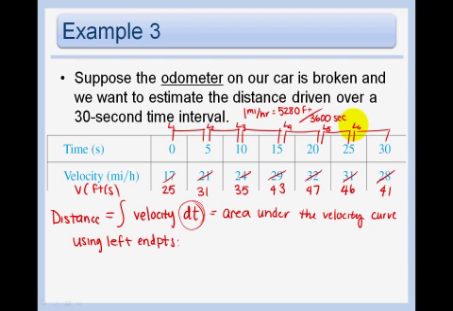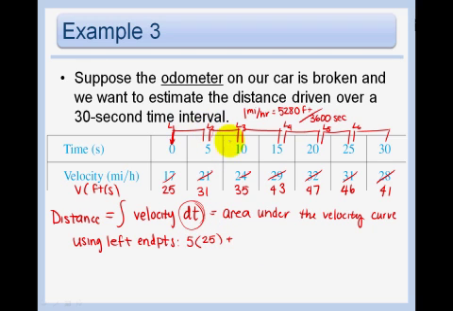I can't make any more than that. And so my width is 5. And my height, this is left. See, I labeled it left. I'm going to use the height as 25. That's the function at time 0. That was my f of 0 that I was writing before.